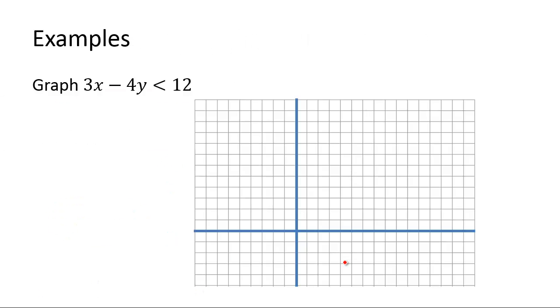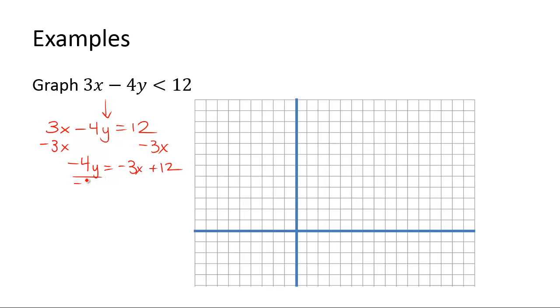So let's apply this process. First, we want to graph the line. So we're treating it as if this was 3x minus 4y equals 12. And recall the easiest way to solve it is to put it in slope-intercept form. So subtract 3x, and you get 4y equals negative 3x plus 12.